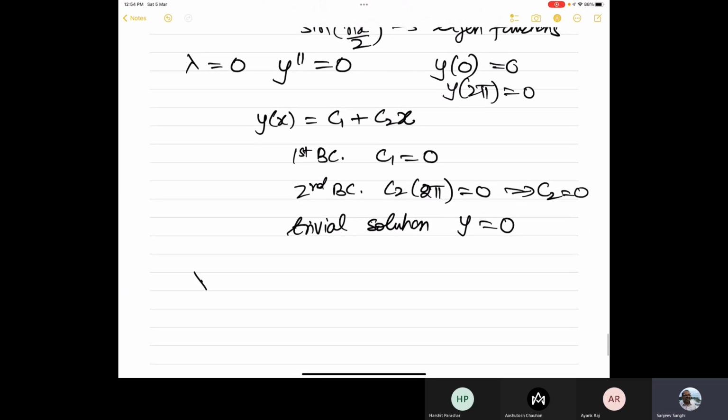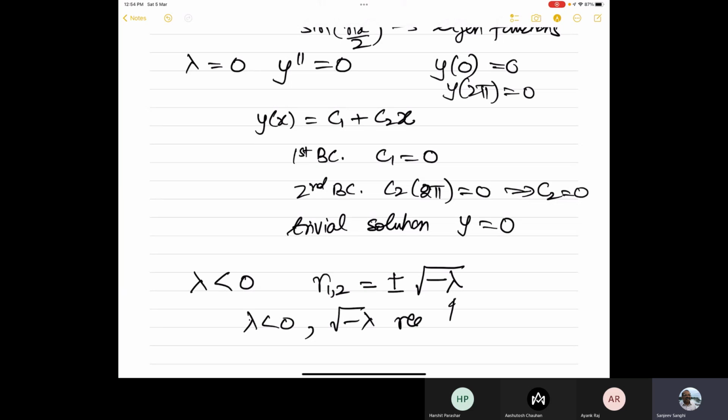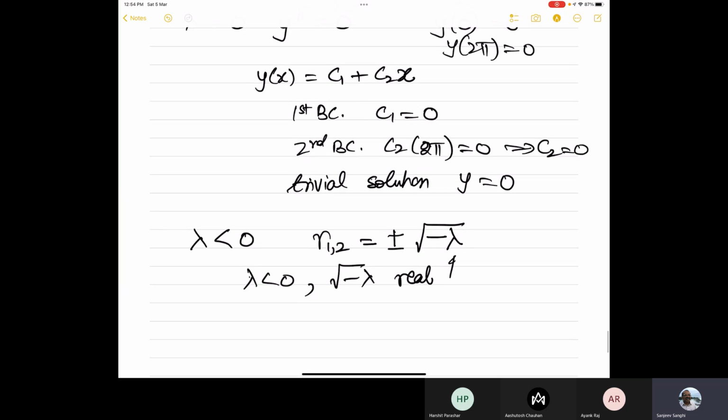And similarly, if lambda is less than 0, then the two roots are plus minus square root of minus lambda. Since lambda is less than 0, square root of minus lambda is real.